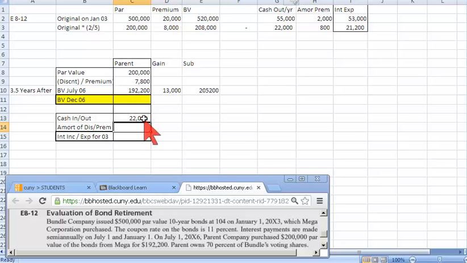So that's 7,800 divided by 6.5. And now we add these two, because when we have a discount, our interest account on the income statement is greater than the cash outlay.